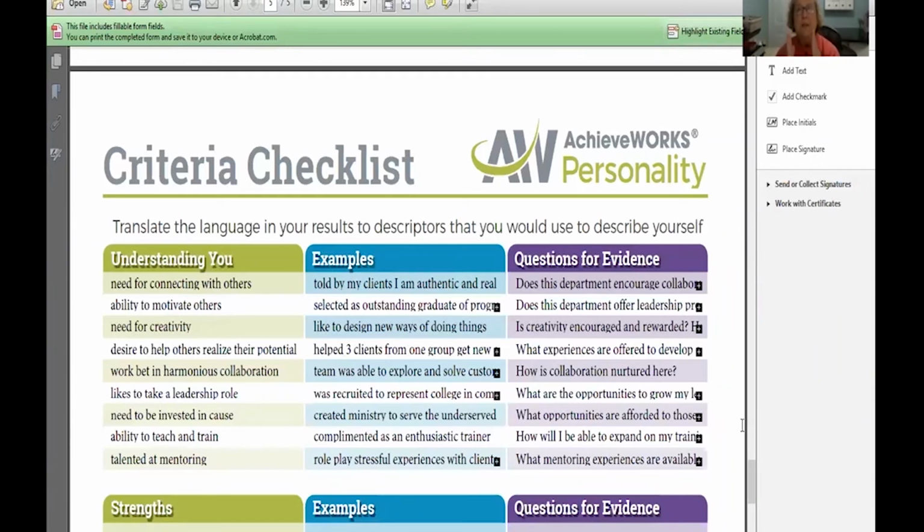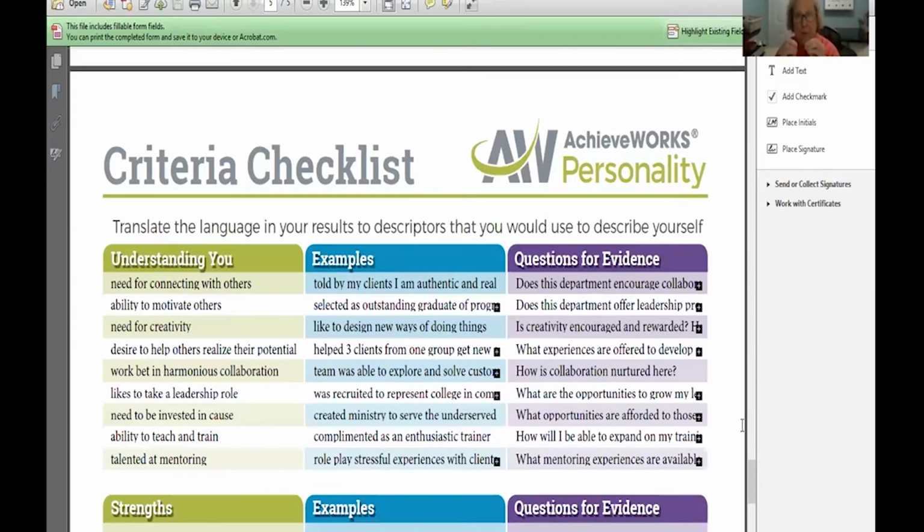So what I tried to do in the examples part, and this is where it sometimes can get a little bit challenging, because we do our things in life and we don't often think about them as talents or areas of expertise. We just think we're doing life, right?